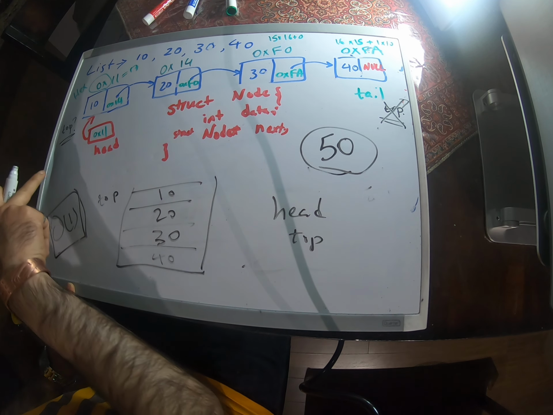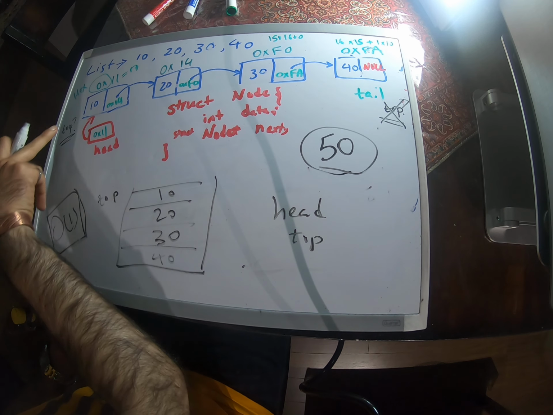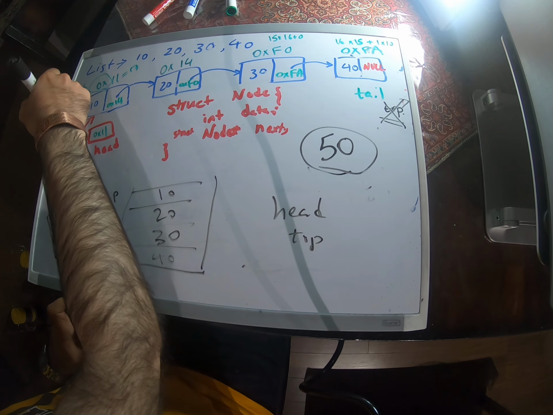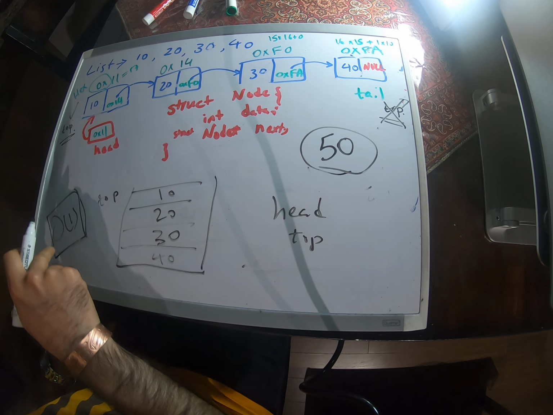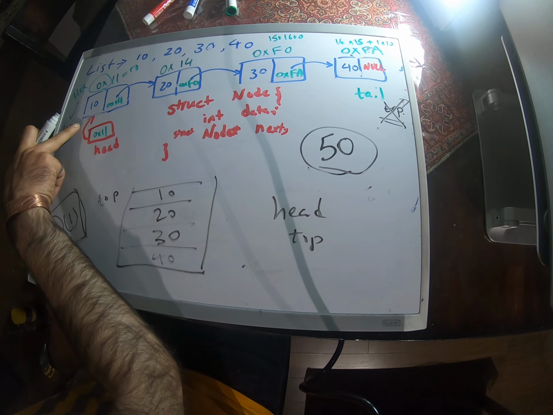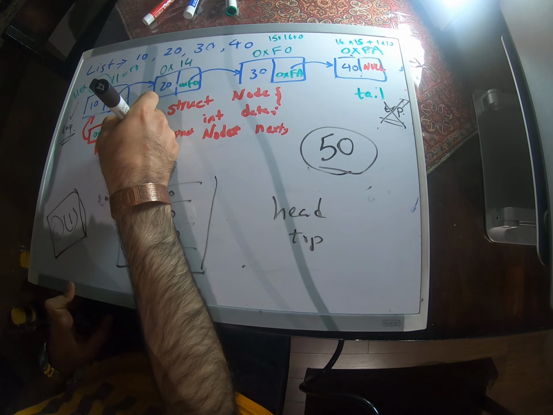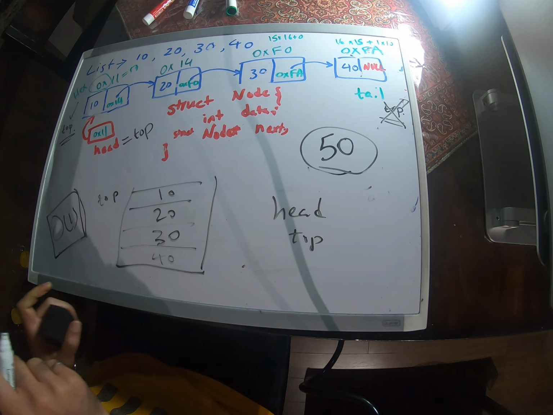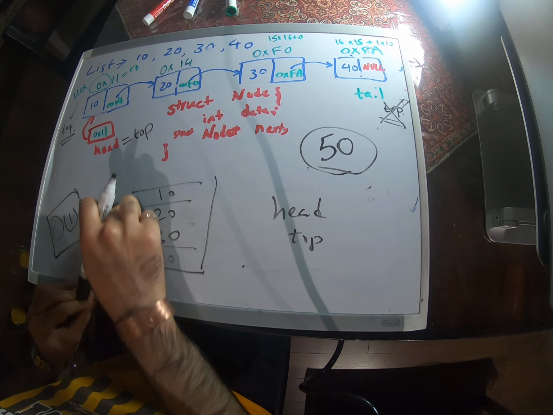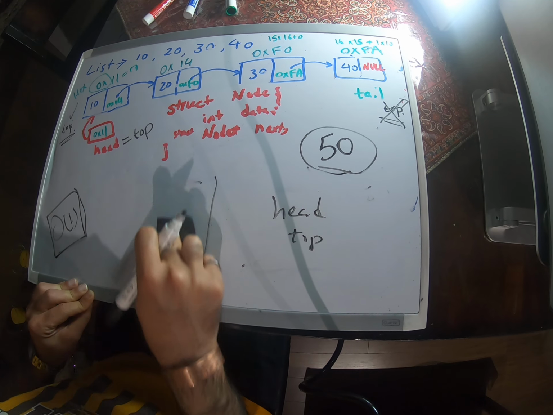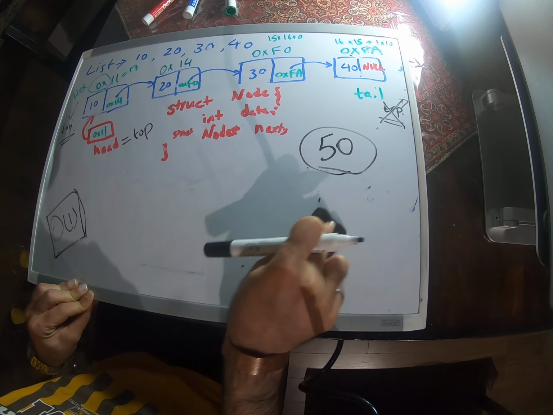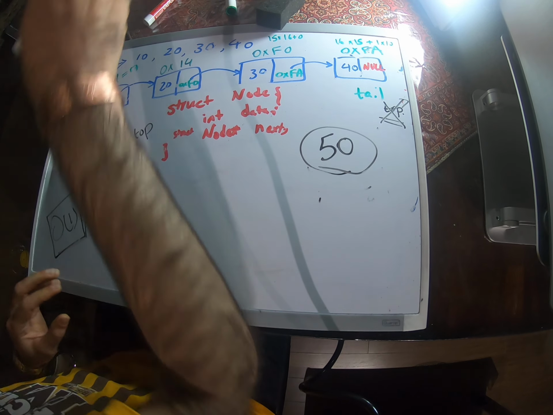So if we want to insert or push an element here, it should be changing our head. Our head is going to be the top of our stack. So if that's the case, how can we implement the push and pop?